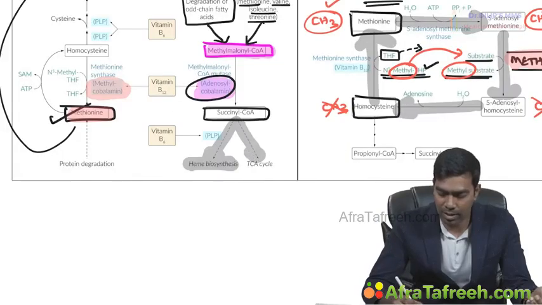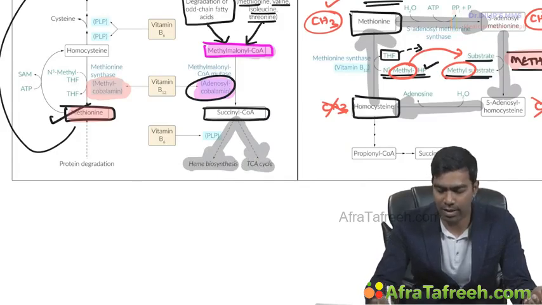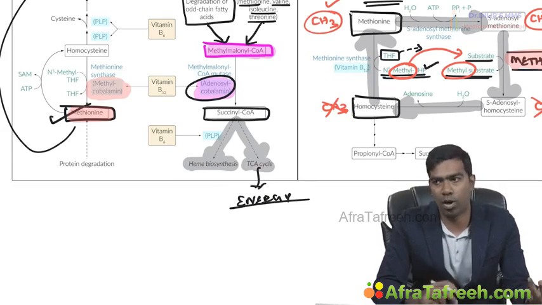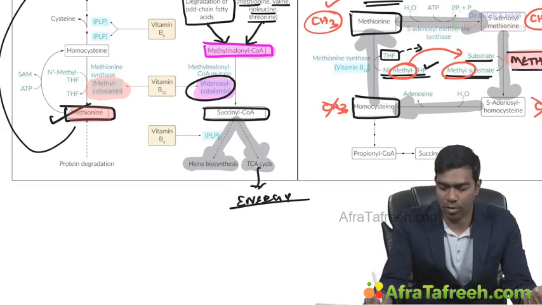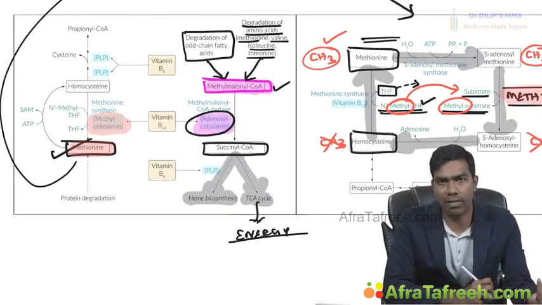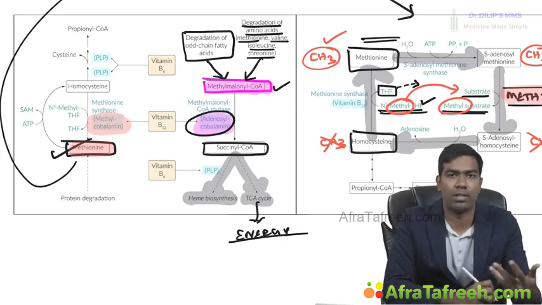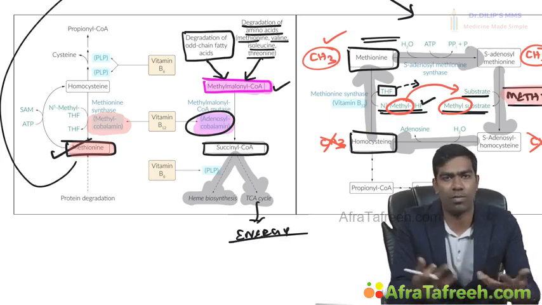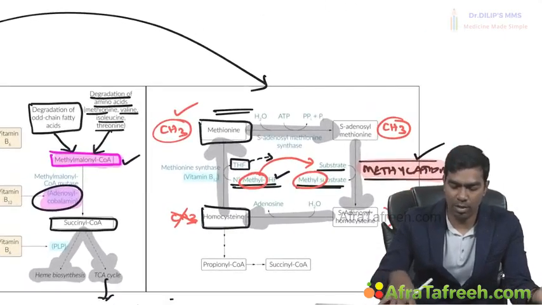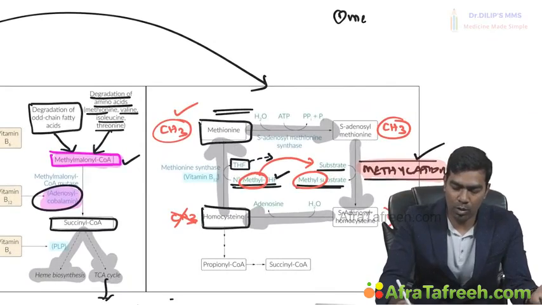At the same time, the succinyl-CoA also enters the TCA cycle, where it can become a source of energy as well. So this protein breakdown can also become a source of energy for the body. This methylmalonyl-CoA cycle is again very important for the body's general metabolism of amino acids as well as odd chain fatty acids, for which your B12 is once again of paramount importance. So there are two cycles, very simple. One is your methionine cycle.